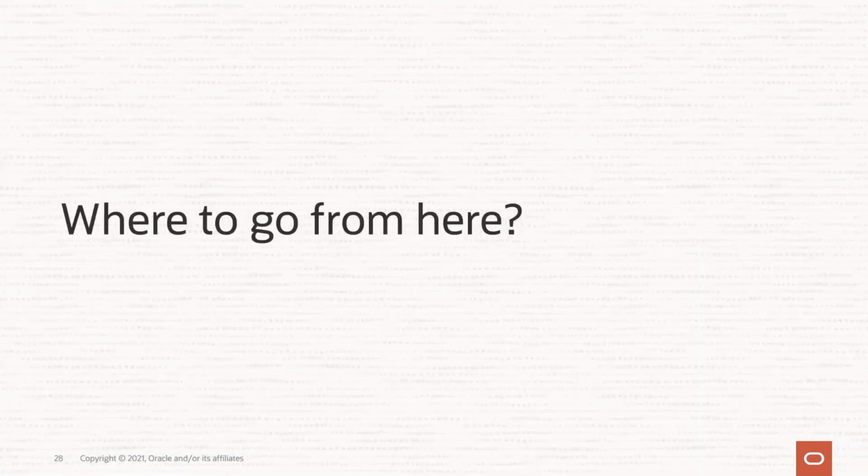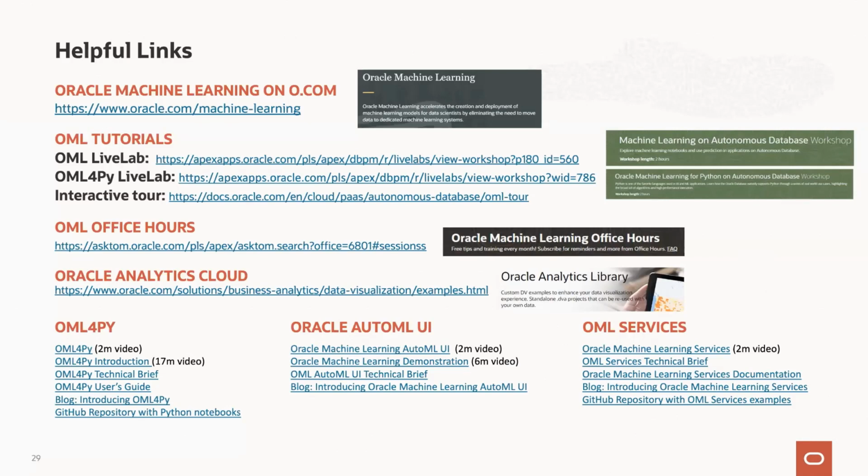All right. So that's what we did. So basically, where to go from here, right? We have a lot of helpful links. We have Oracle Machine Learning on oracle.com, lots of tutorials, our own Oracle Machine Learning office hours. We do it weekly. So we have also hands-on labs with all these things, if you're interested. If you're a developer and you're interested in the REST API, we did an Oracle Machine Learning office hours just for that 2 weeks ago.